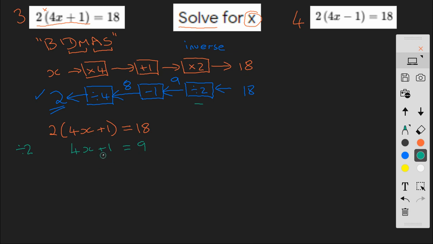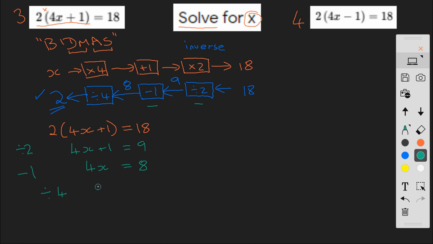The next thing I'm going to do, I've got this stray plus 1 here, so I want to take that away, which leaves me only with 4x. I took 1 away from this side, and this is the takeaway 1 that was going on here. 9 take away 1 is 8. I now know that 4 of my x's equals 8. So how do I find what 1 of something is?